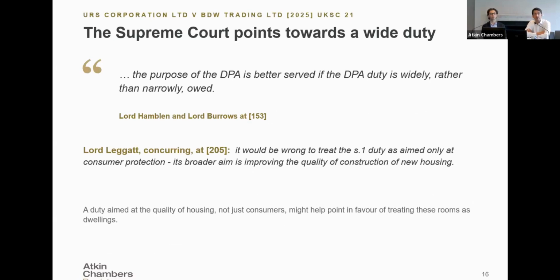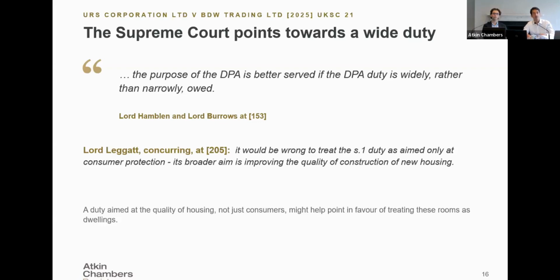And then the other very important consideration is the URS and BDW case decided last year in the Supreme Court. And here we had at least 3 judgments, so close to 5, but not quite, where it was Lords Hamblen and Burrows who gave the main judgment, and Lord Leggatt then gave a concurring further judgment. And there are interesting observations in that case about the policy of the DPA.